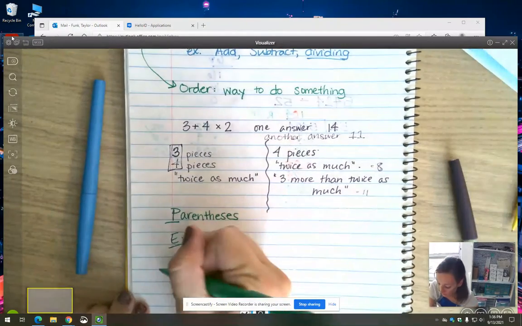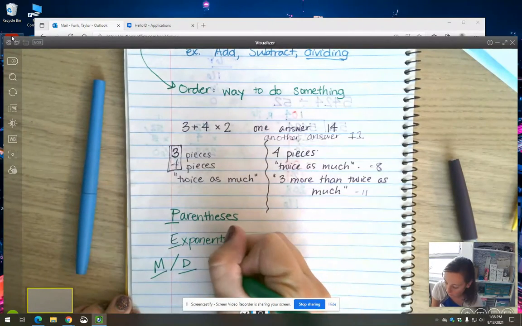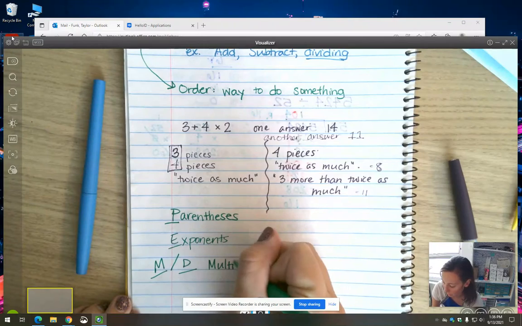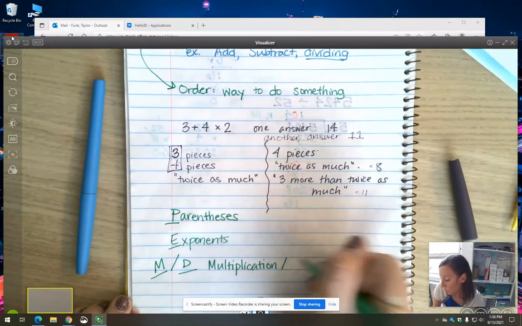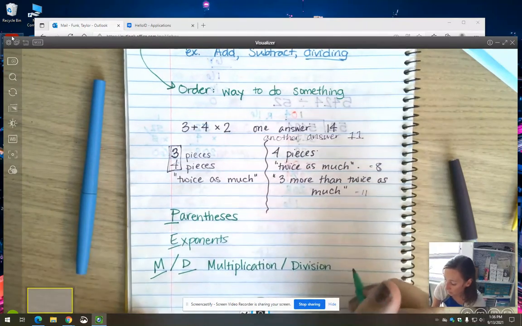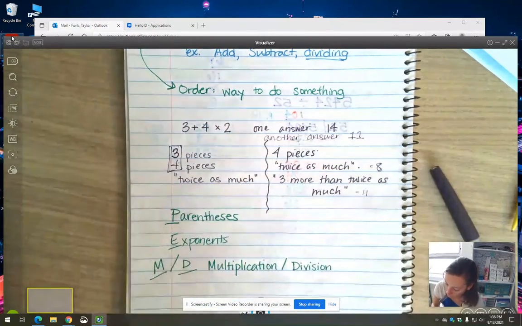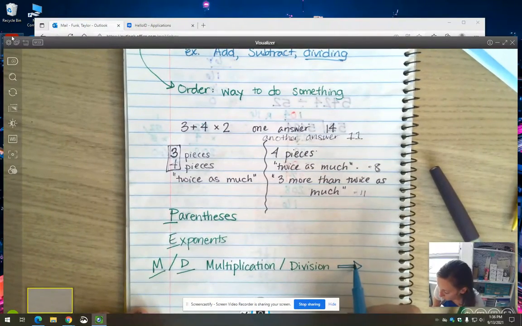Okay? Then we have multiplication or division. Now, multiplication and division are on the same level. They're equally important. So in this case, we kind of need a tiebreaker. And the tiebreaker is moving from left to right. So whatever shows up first, you do first.